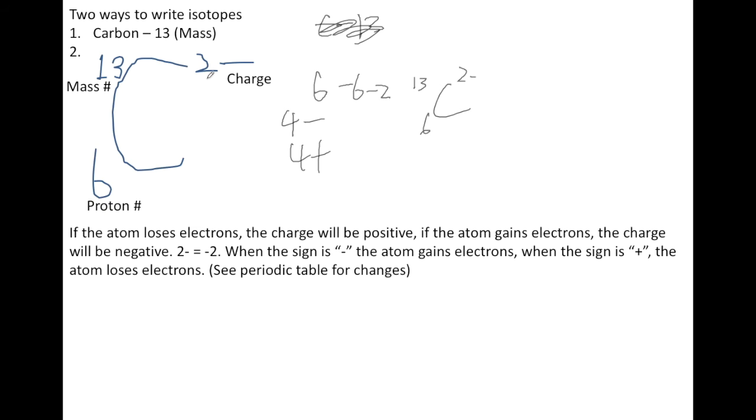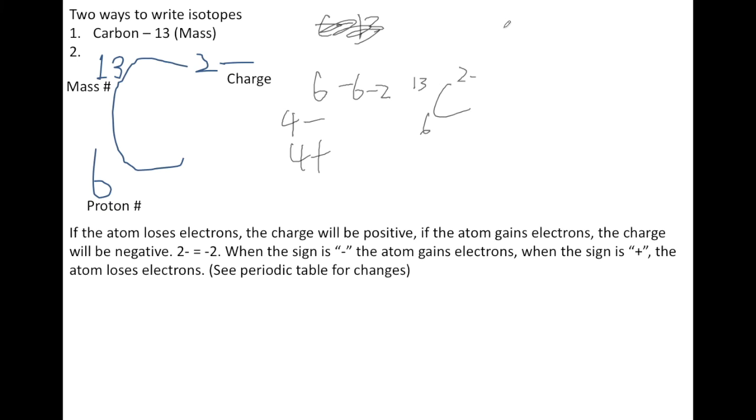Carbon will hardly ever have a charge of 2 negative. It will sometimes be, but not naturally. In this case, it gained 2 electrons because it has a charge of -2.